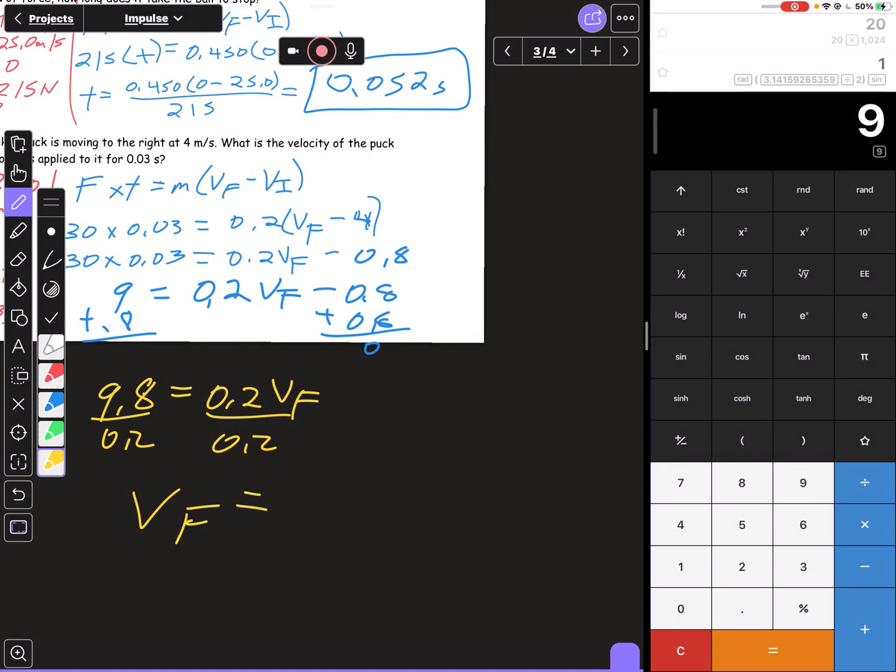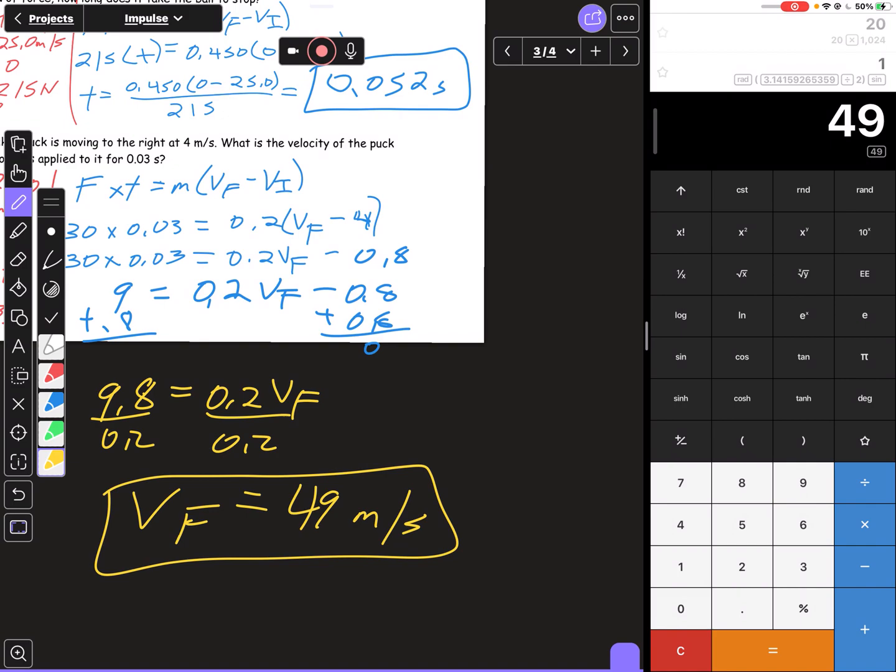My final velocity would equal 49 meters per second. If I did the math right on that problem, that's what you should have got.